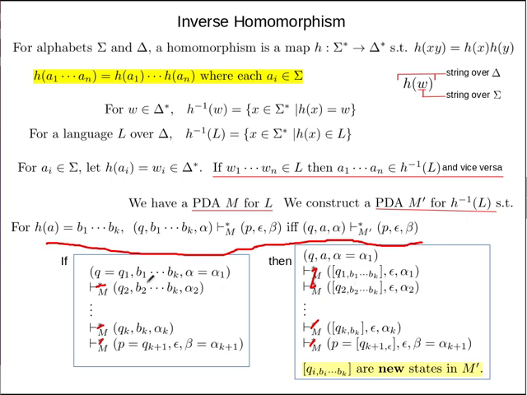So the delta for M prime is designed so that it makes these transitions. And you see that this part here is being simulated by this subscript of this state, right? This is just a small trick with this remaining input. First of all, you see that upon seeing A, it first computes this h of A, so this B1 up to Bk.